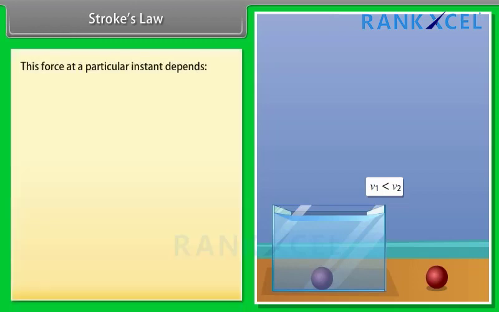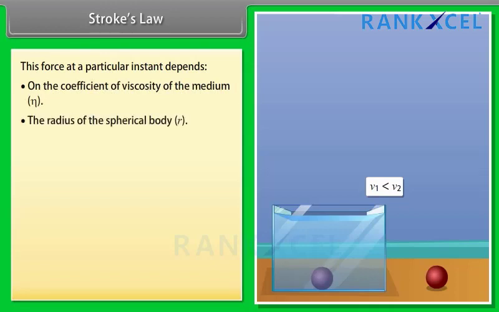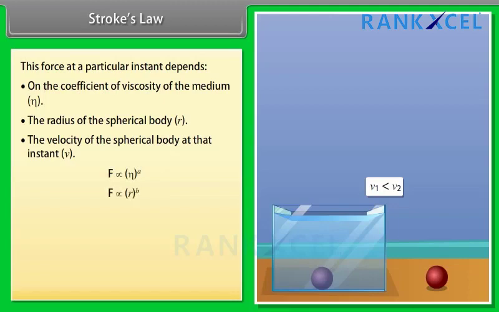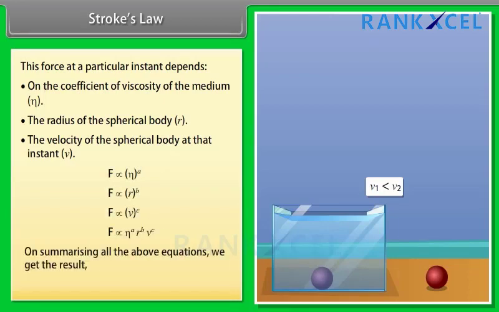This force at a particular instant depends on the coefficient of viscosity of the medium, the radius of the spherical body, and the velocity of the spherical body at that instant. Force is directly proportional to η, radius and velocity. On summarizing all the above equations, we get the result: F = 6πηrv.